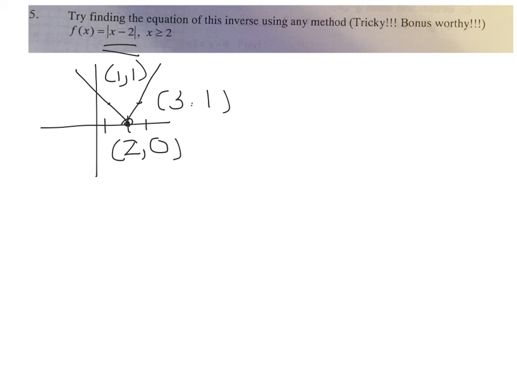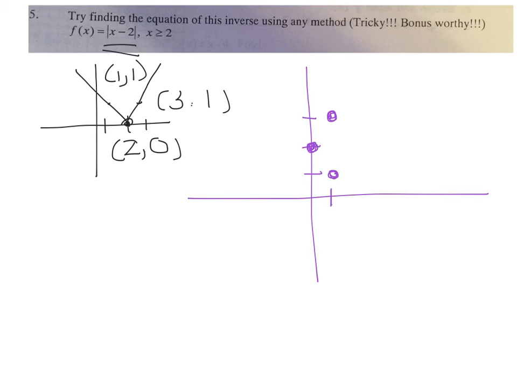Okay, well, if you think about it for a second, finding an inverse, all you have to do is switch the x and y, or switch the ordered pair. So I'm going to draw a little bit bigger this time. So I'm going to switch my ordered pairs. So instead of having (2, 0), I'm going to graph (0, 2) right there. And instead of graphing (3, 1), I am going to graph (1, 3).